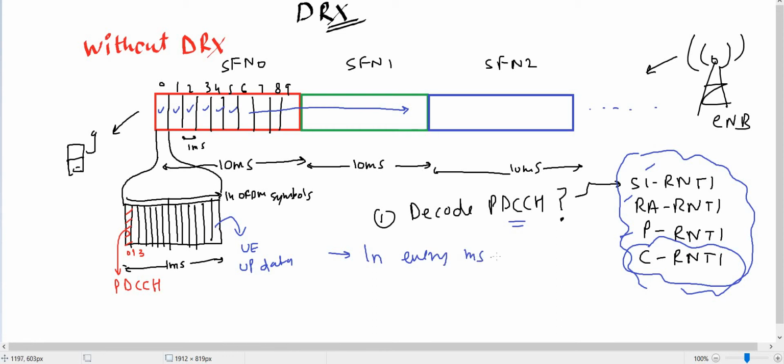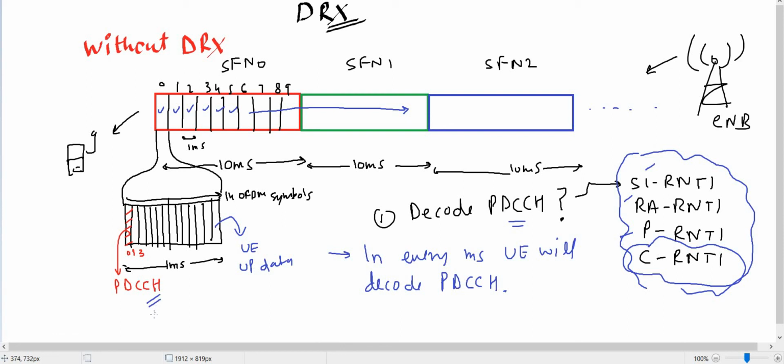Sometimes it may be possible that a particular subframe is not carrying data, nothing is there for the UE. Still the UE will decode this PDCCH and consume its battery.